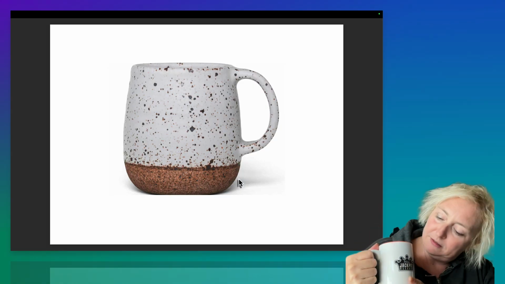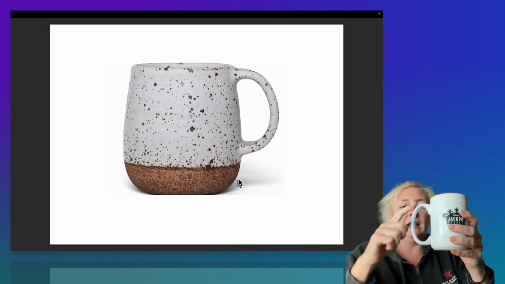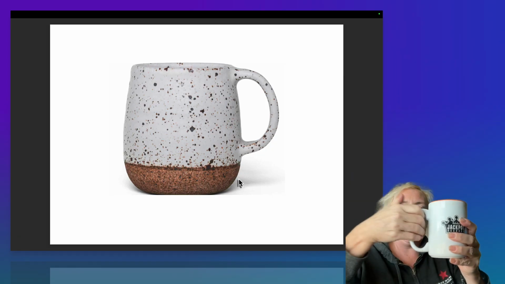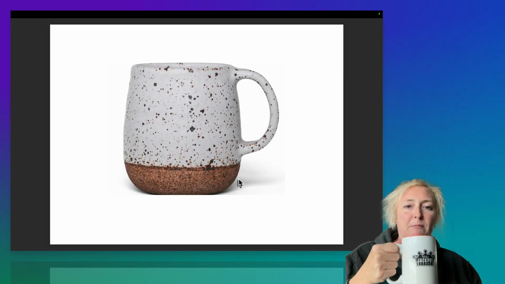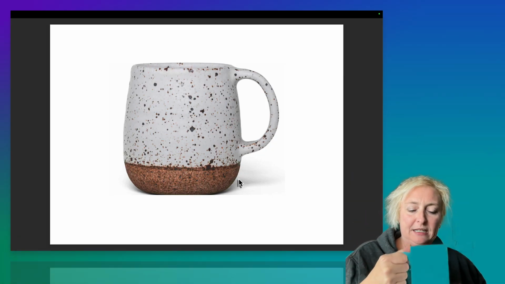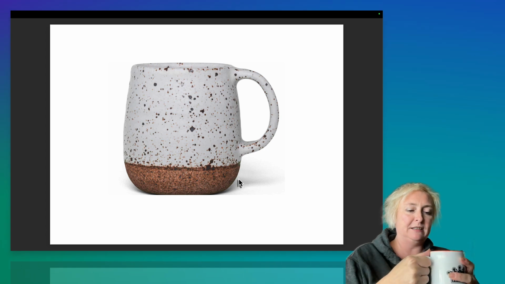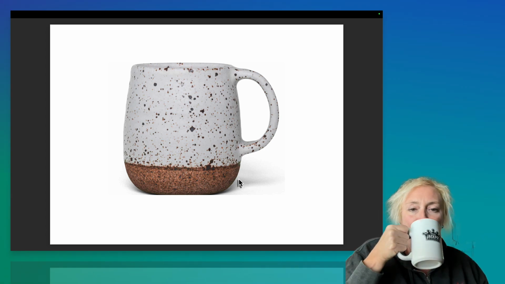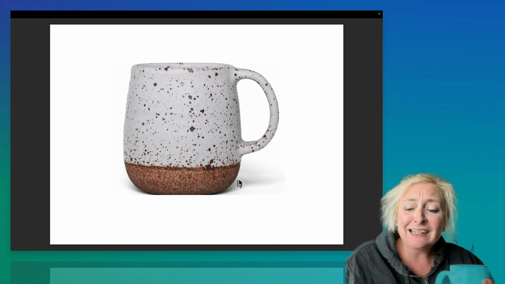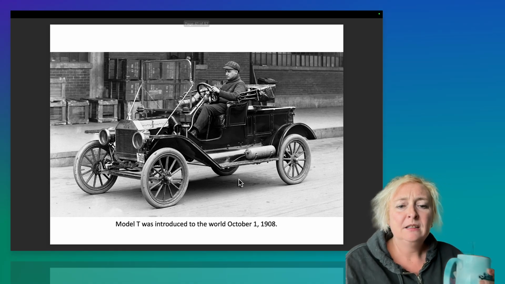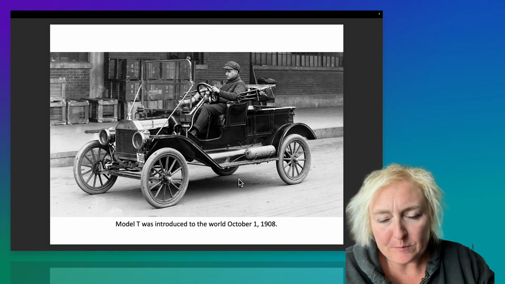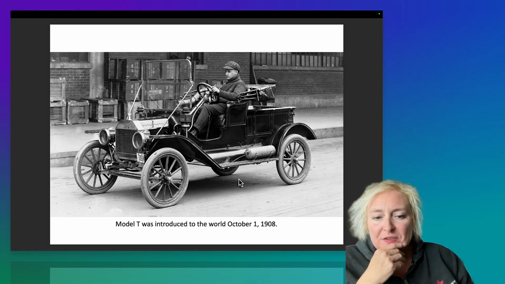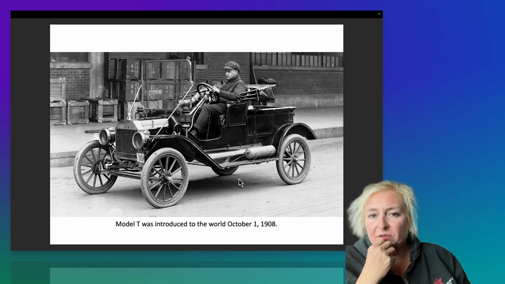How about that side? Designing for a handle for my hand to hold while I drink my coffee, right? That I am a user experiencing this mug that is helping me access my coffee.